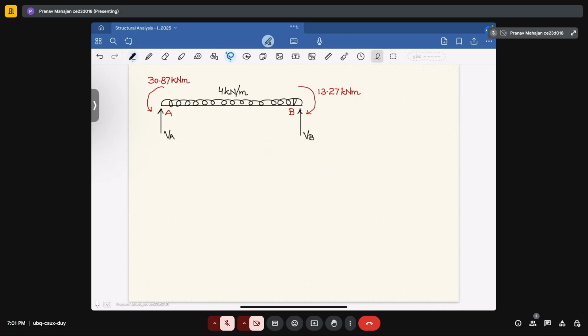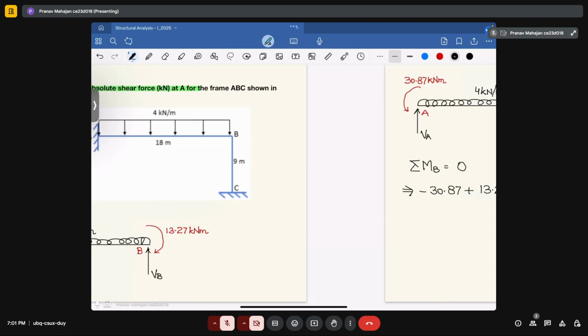So if we take summation of moments about B to be equal to 0, that will give you first negative 30.87 plus positive 13.27 plus VA into the length.